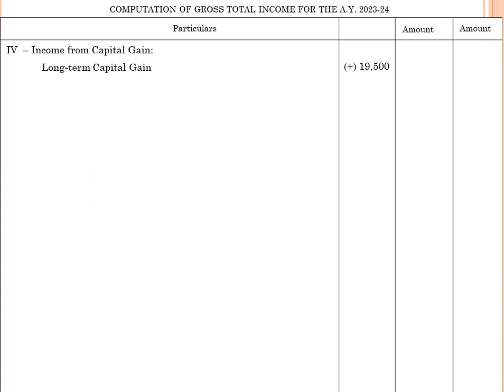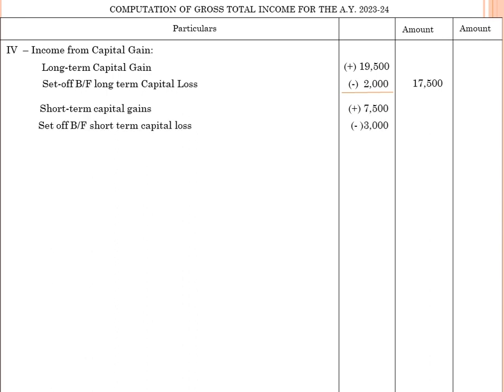Long term capital gain is 19,500. Set off the brought forward long term capital loss 2,000, and the balance is 17,500. Short term capital gain 7,500, set off the brought forward short term capital loss 3,000, and the balance is 4,500. Find the total: 21,500 taxable capital gain.